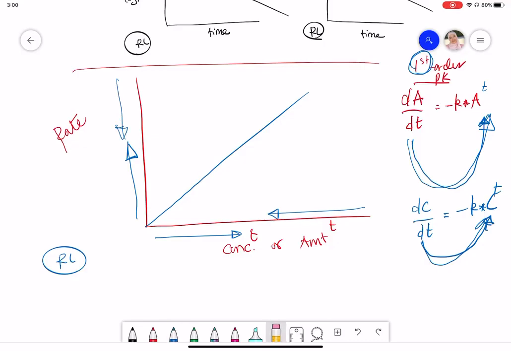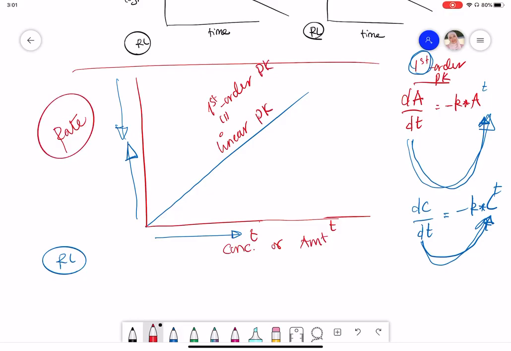Okay, so we have a directly proportional relationship, which is why we call first order kinetics linear kinetics, because the rate, in this case of decrease in the amount or concentration, is in a direct proportional relationship with the concentration or amount.